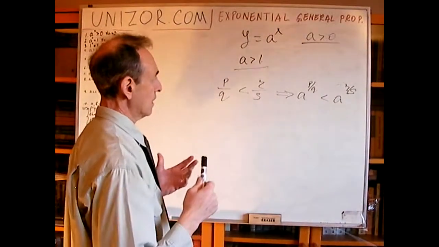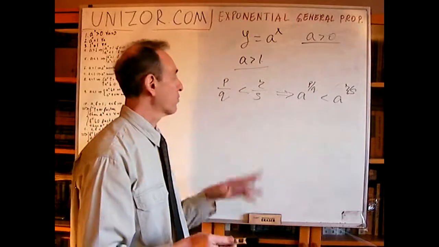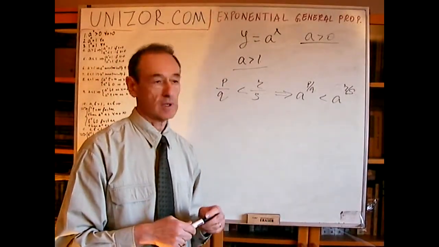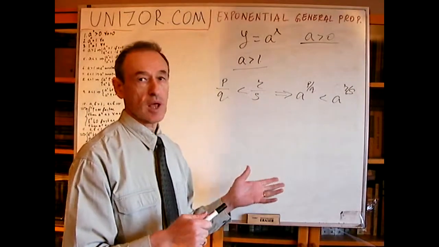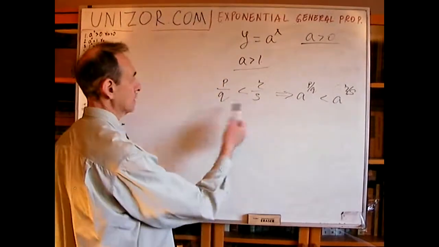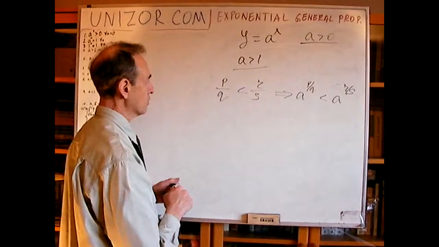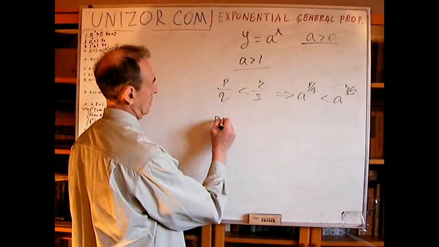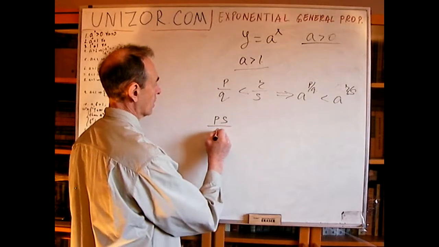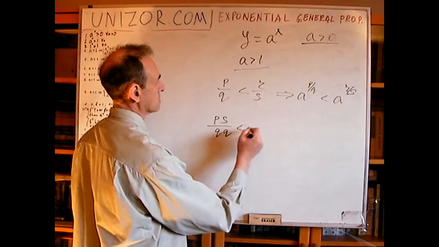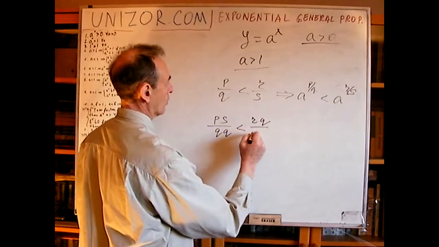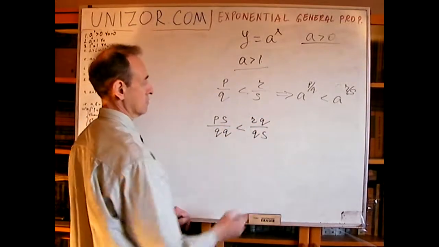Well, let me first bring these two rational numbers to a common denominator. Doesn't change the numbers themselves, so let's say I will use common denominator qs. So one would be ps over qs less than rq over qs, right?